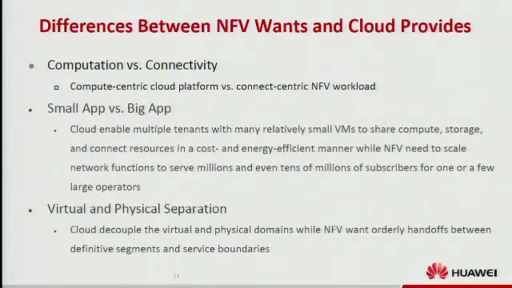First of all, there is a significant difference between what NFV really wants and what a cloud can provide. So cloud, at least IaaS cloud, if we think of where it originated from, is basically a mimic of AWS. It is a computation-centric platform.